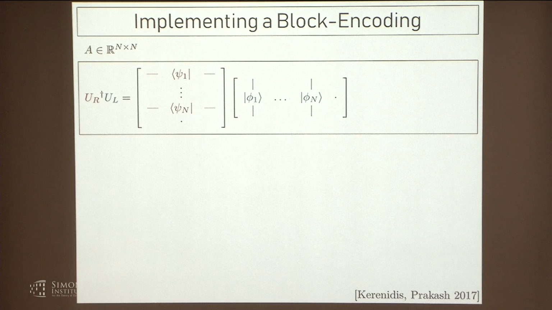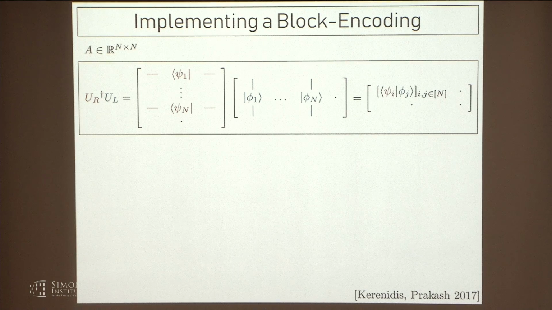And then if I multiply UR dagger UL, I'm going to get something that in the top left n by n block, I'll have this n by n matrix whose entries are given by psi i, phi j. Nothing I've said is deep or interesting so far. I'm just telling you how matrix multiplication works. So so far they're very simple.